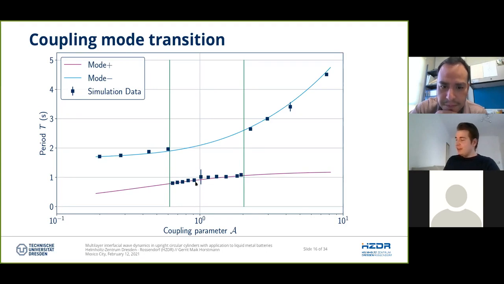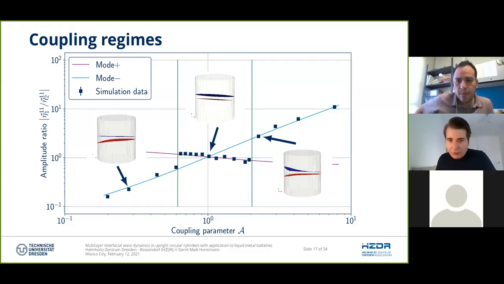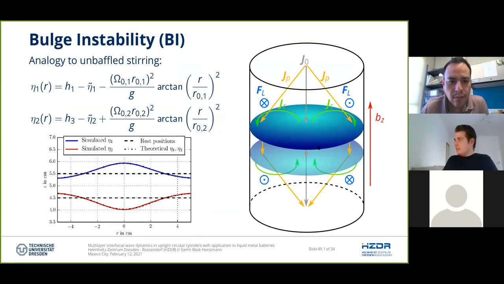This regime here is a bit more complex than I told you. In this regime, I mostly found the symmetric mode here, but sometimes I also found different instabilities. This was always dominating, but there was also an instability with an axisymmetric wave motion, and sometimes I had superpositions of both modes.